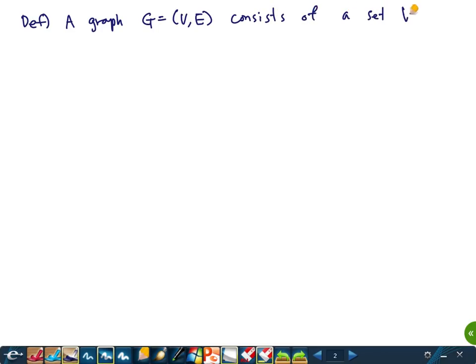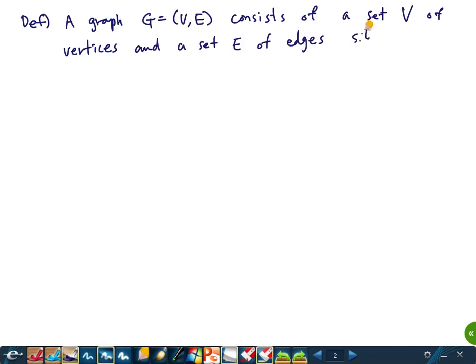So a graph is denoted by G, and usually we denote G as a pair of two sets V and E. A graph consists of two sets, a set V of vertices and a set E of edges.